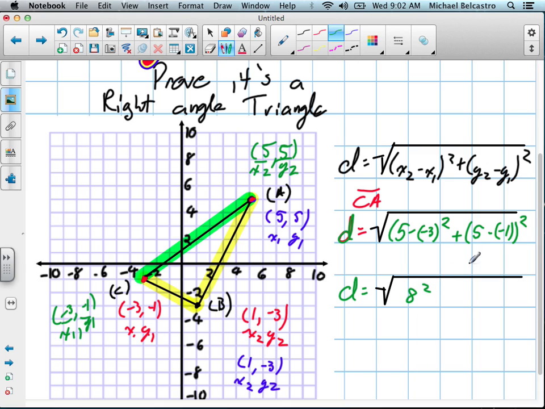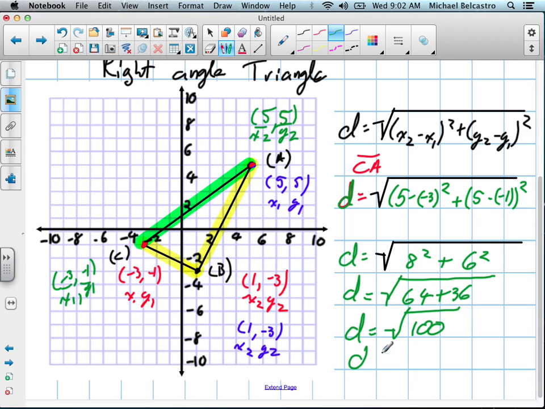So we have 8 squared. Plus, what's 5 subtract -1? 6. Good. 6 squared. What's 8 squared? And what's 6 squared? Add them together, what do you get? What's the square root of 100? Good. So we just discovered that this line here is 10 units. That was our very first step.